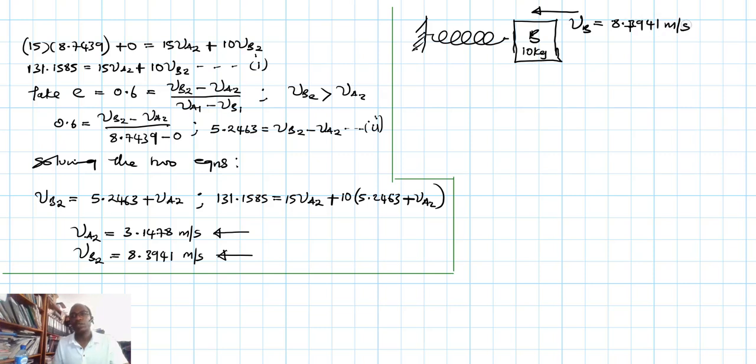This becomes our initial velocity, and this spring has a stiffness of 1000 Newton per meter. So the idea is to find how far this is going to get compressed.